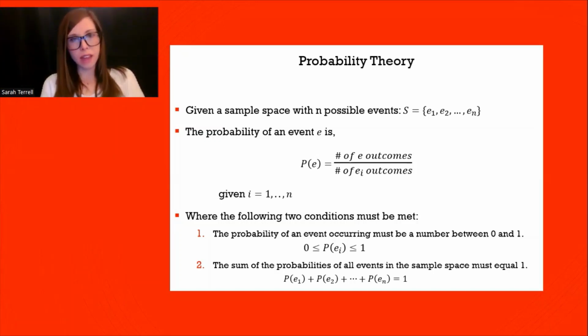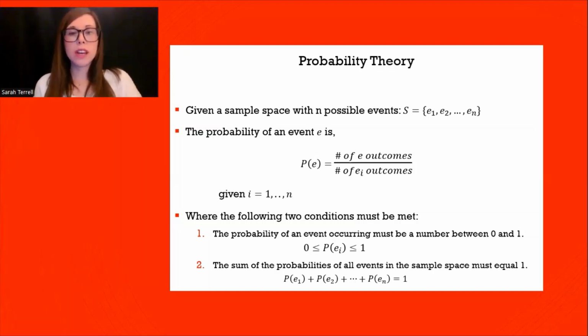So if we are calculating the probability of rolling a 1, that's going to be 1 divided by how many different possible events are in that sample space, which is 6. So we're going to have 1 divided by 6 as the probability of that event occurring.